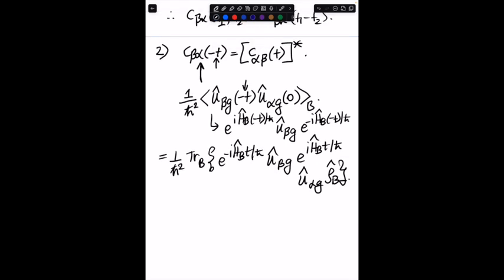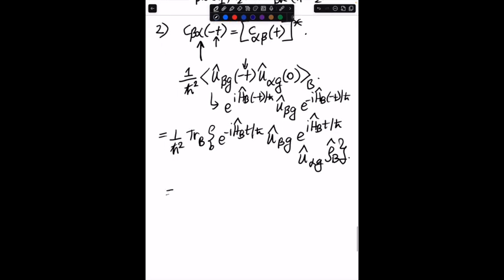So now what you need to prove is that it is equal to C alpha beta (T) star. So the number one thing which we have to do here is that you need to bring alpha to the front of your correlation function. So you have C beta alpha (minus T). What we need to prove is that it is equal to u alpha g (t), u beta g 0.